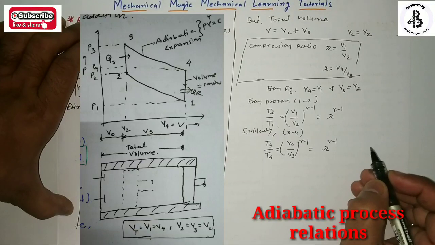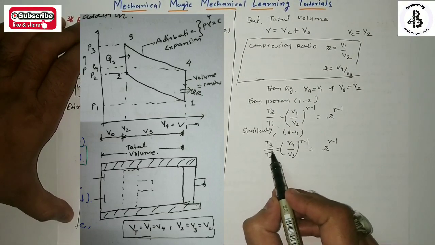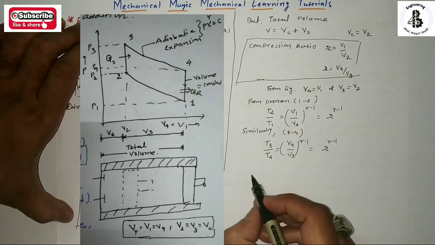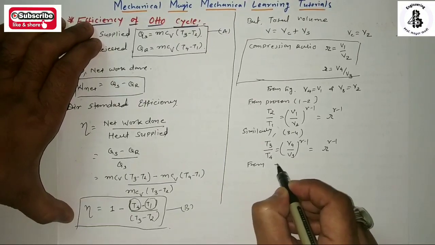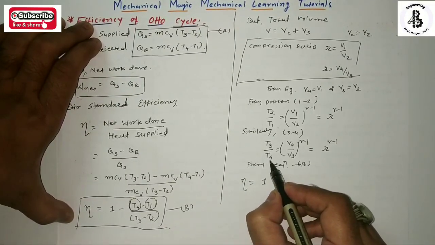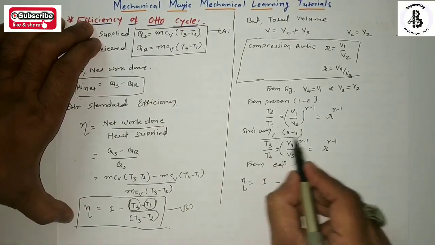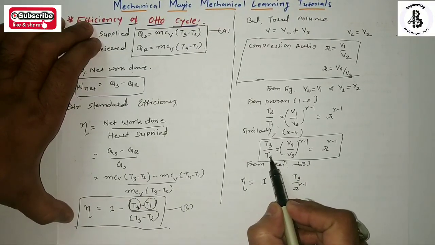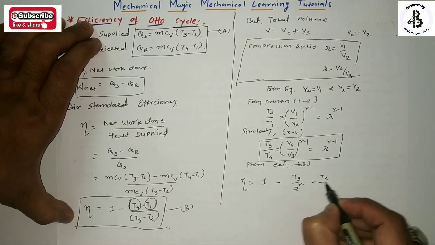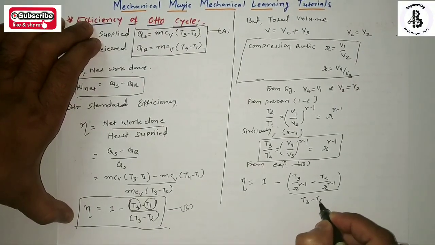Now put the values of T4 and T1 into equation B: efficiency equals 1 minus (T3 divided by R raised to gamma minus 1, minus T2 divided by R raised to gamma minus 1) divided by (T3 minus T2).